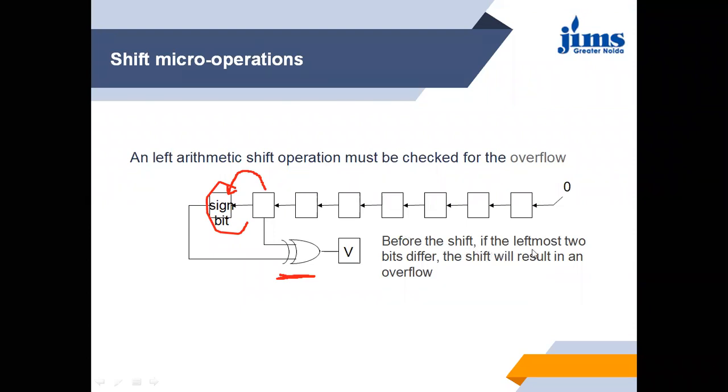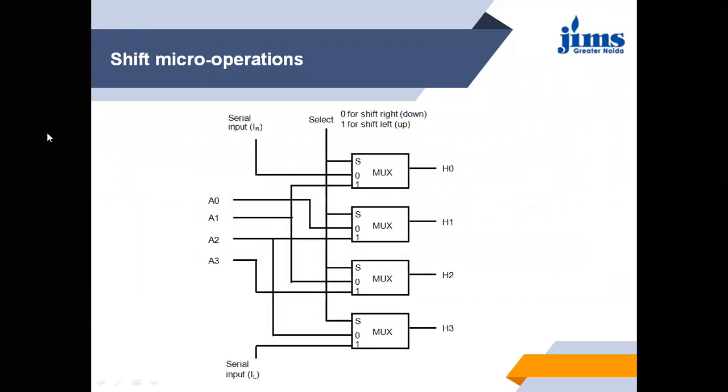Before the shift, if the leftmost two bits differ, the shift will result in an overflow. We know the property of XOR, that when both the inputs are different, then the output is 1. It means when these two are different, there will be an overflow.